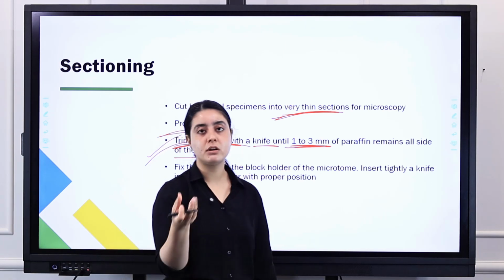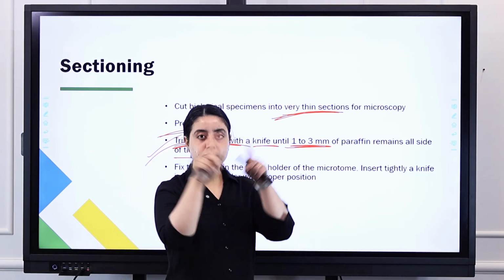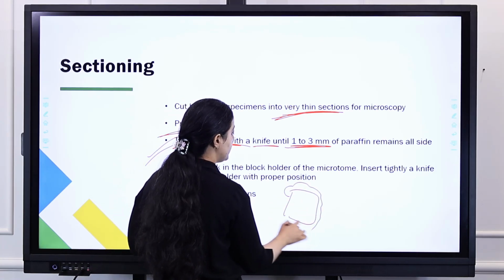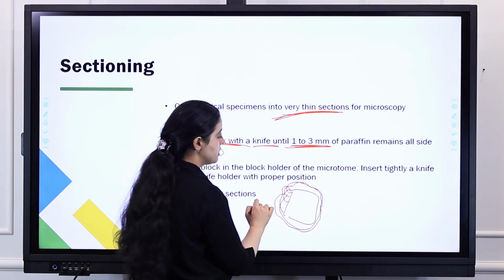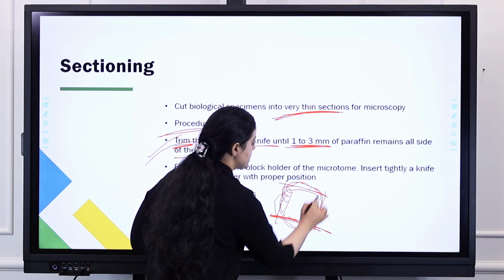Obviously when you put your mold into the paraffin wax, paraffin will take the place around the mold also, right? So first we have to trim all the extra wax, right?